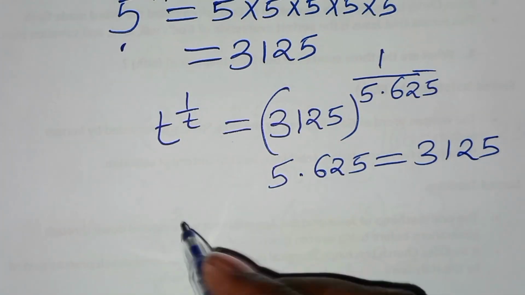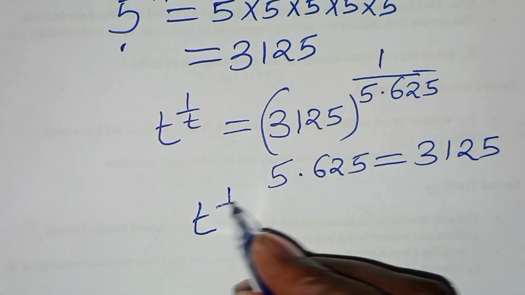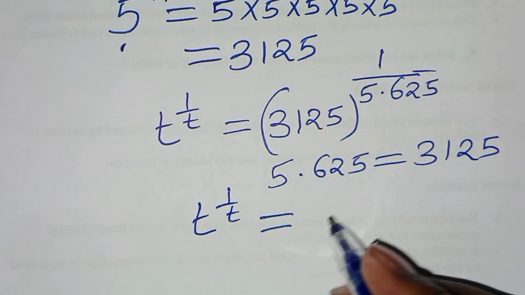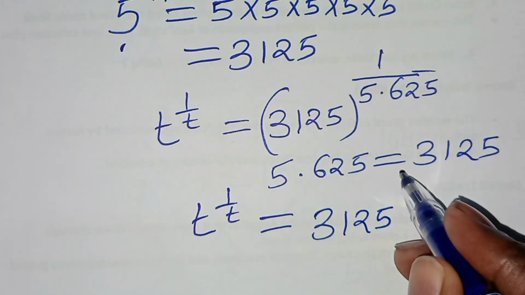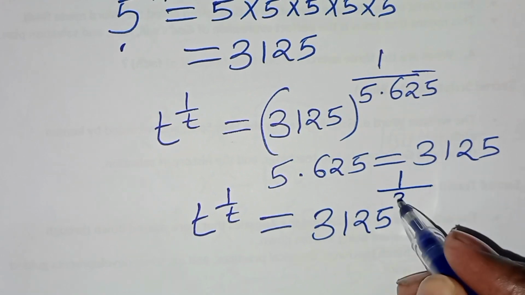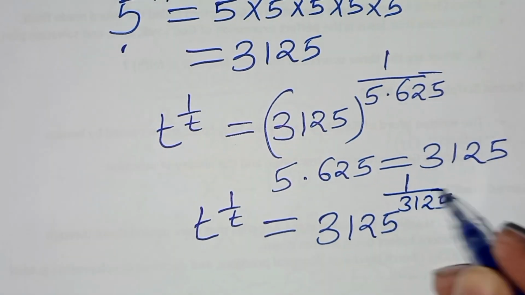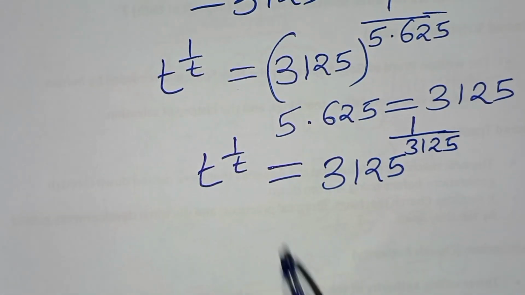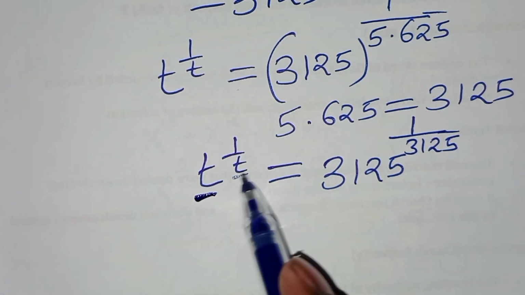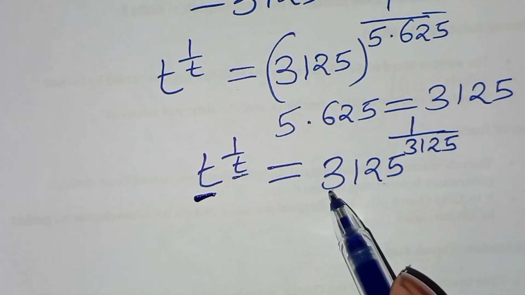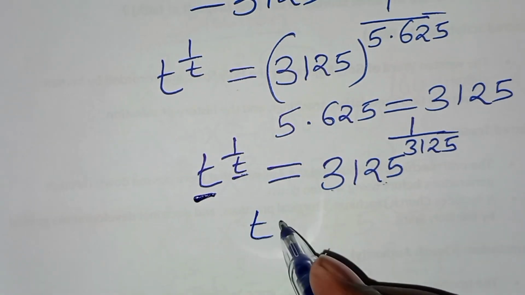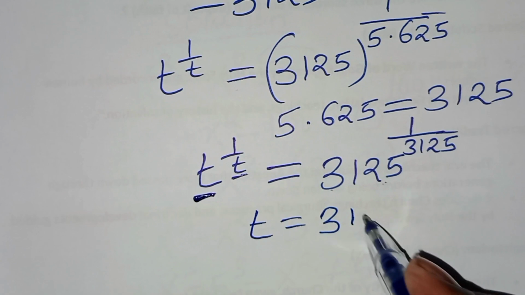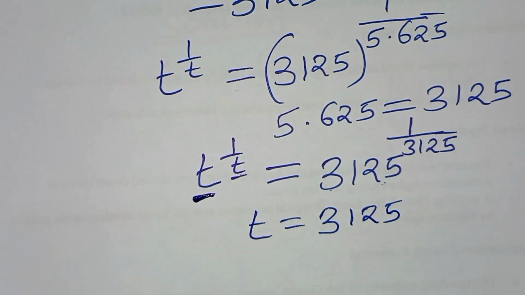So in this case, we have t to power 1 over t equal to 3125 raised to power 1 over 3125. You can see here the base and the exponent are equal, and also here we have 3125 and 3125. So this implies that t is equal to 3125. So this is the value of t.